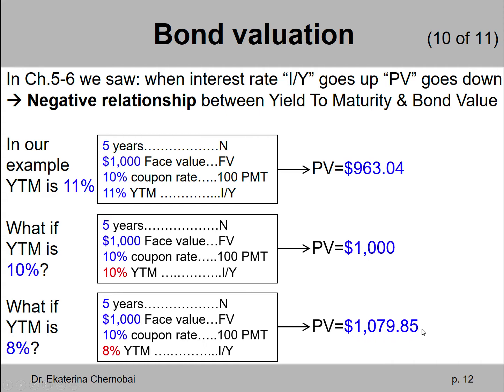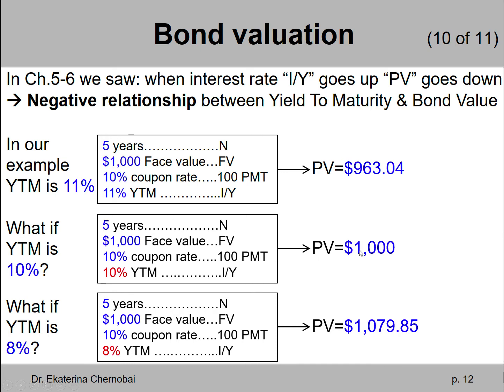That's the bond value at 8% yield to maturity, right? So as we lower the yield to maturity, we increase the bond value. So that's a negative relationship, just like what we saw in chapters 5 and 6, with a single cash flow or with multiple cash flows.